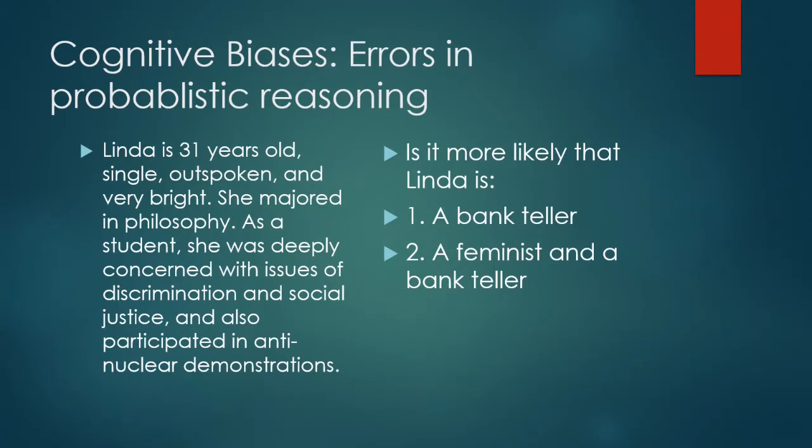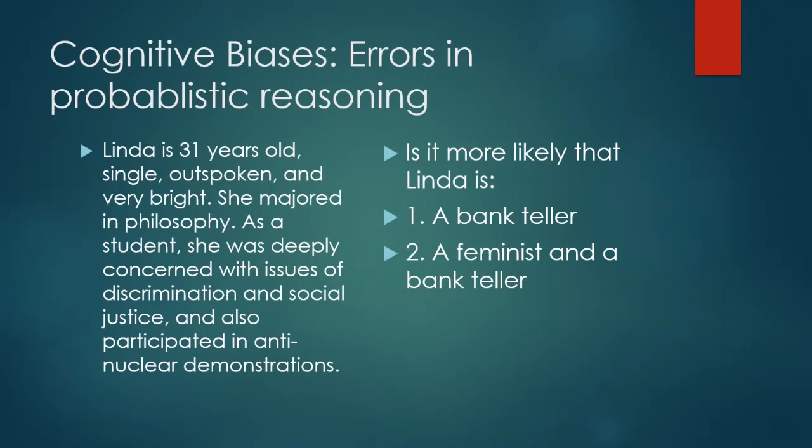But nonetheless, it's still a deviation from the ideal rationality of probability theory. The probability of two things put together is always less than the probability of just one of them. So if we're doing ideal rationality, number one is the better answer than number two.